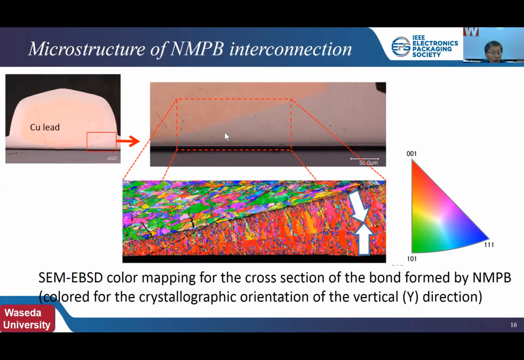It shows that the crystal grains of the bond portion in the gap between copper lead and SiC chip are mostly formed by columnar grains having 001 crystallographic orientation, shown in red color from each surface. The direction of the crystal growth is shown by the white arrow in the figure.